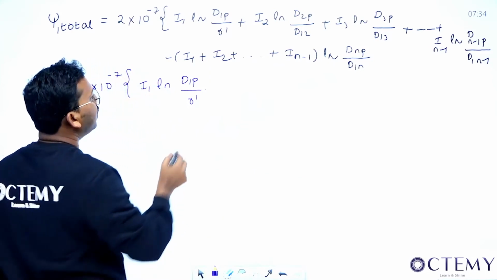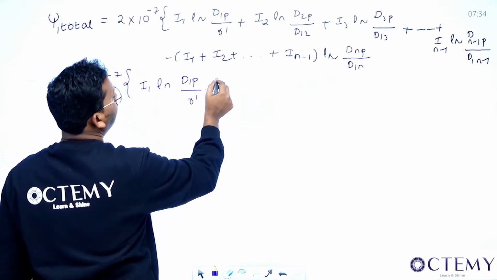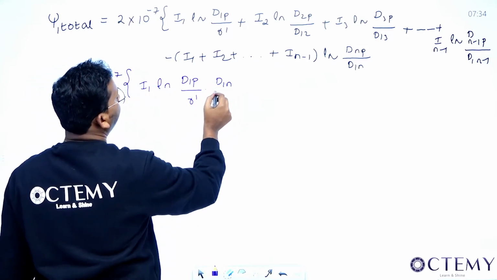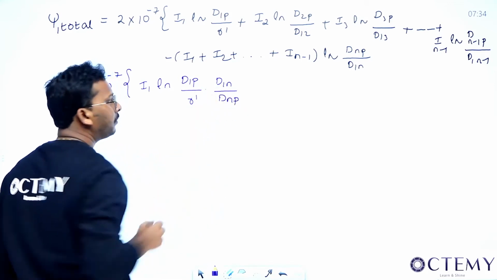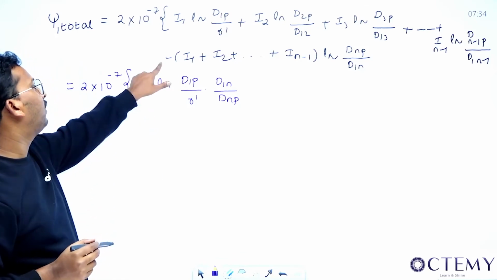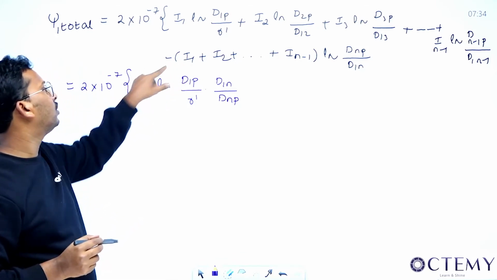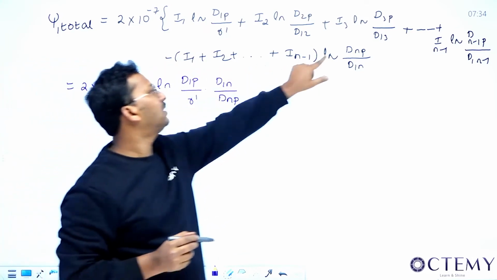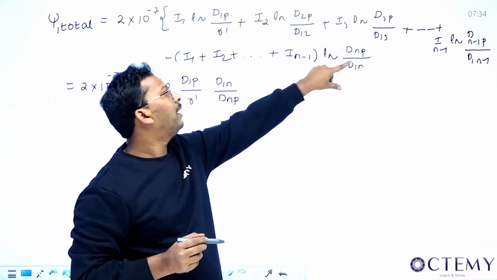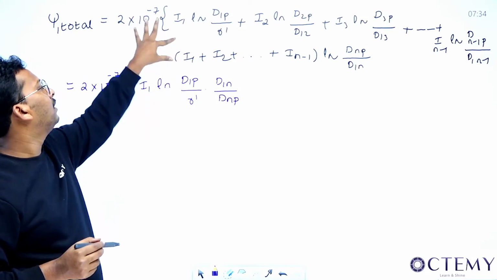So if you invert this and multiply, that will become d1n divided by dnp, right? What did I do, sir? I've taken this minus I1 common. So this is I1 times this minus I1 times this. So the effect of minus is multiplied as d1n by dnp, and it will become plus.